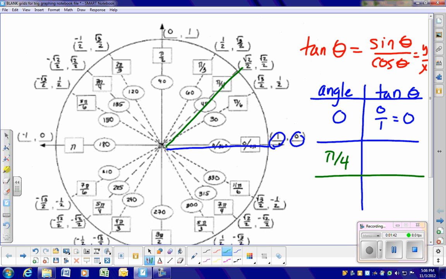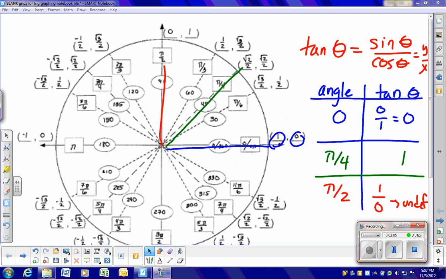Something divided by itself is going to be 1. So that's the tangent value for that location. Let's do one more, and then we'll swing over to the graph. Right here, we've got pi over 2. And so the tangent value is going to be 1 divided by 0, but that is undefined. That's not a numerical quantity.